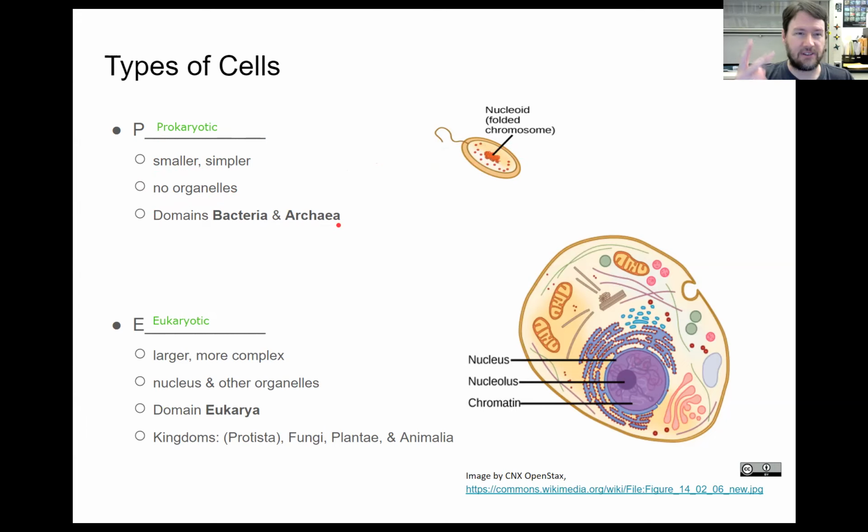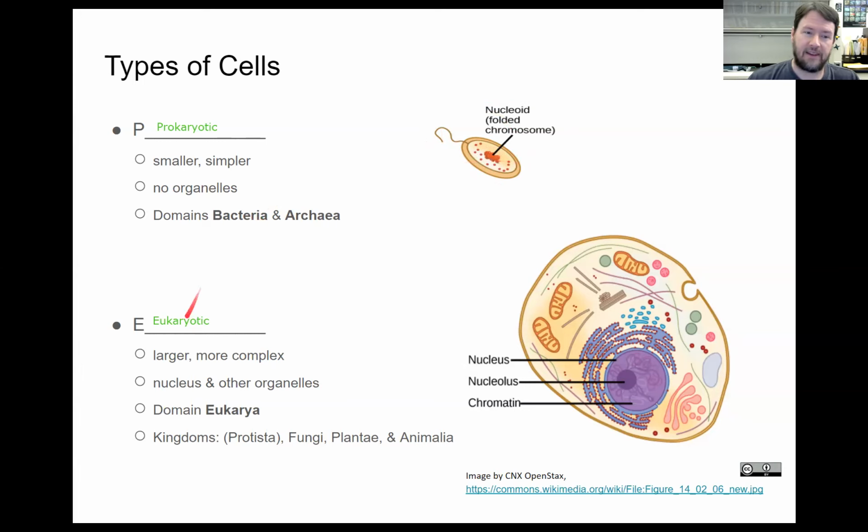So there's actually two different domains of life that are both prokaryotic domains. And you can see here, there's just a barrier and then some stuff inside. There's DNA in there. There's ribosomes. There's cytosol or cytoplasm. It's the same thing for these prokaryotes.